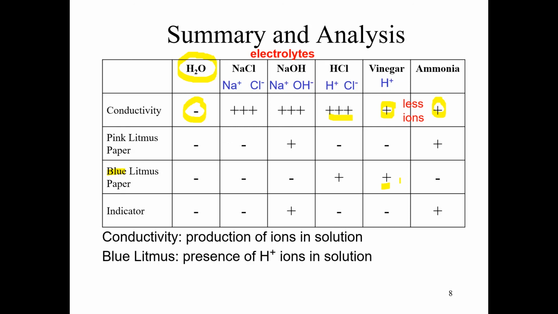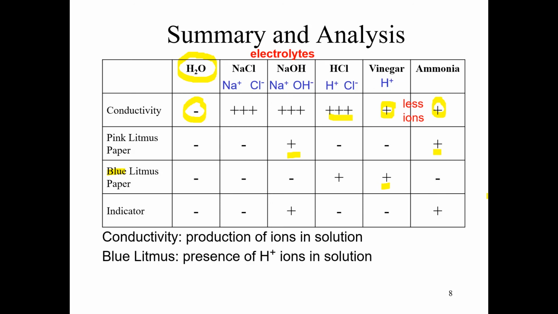Okay, let's look now at the pink litmus, and as you can see, the pink litmus paper test and the indicator test, the chemical indicator phenolphthalein, both gave the same results. In other words, only the sodium hydroxide and the ammonia gave us a positive test in both of those cases. Once more, what is in there? Well, sodium hydroxide has sodium ions and hydroxide ions, but NaCl also has sodium ions and didn't give a positive test.